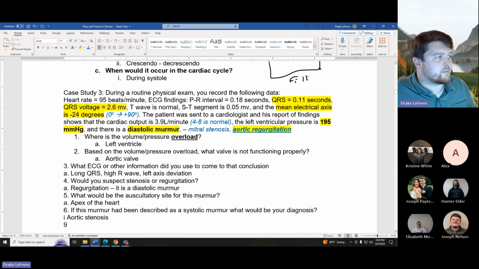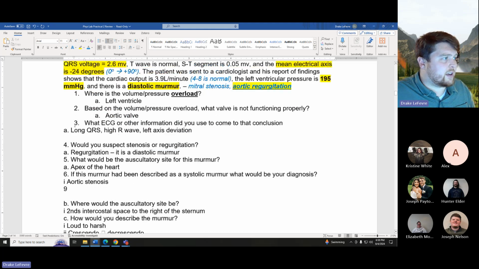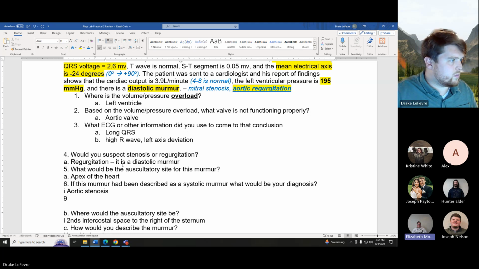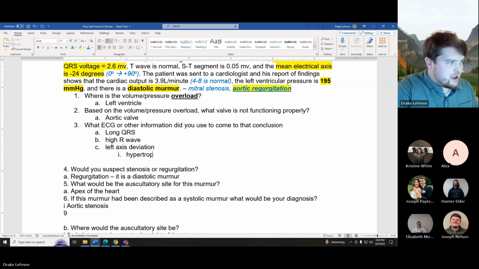Left deviation, whenever we have deviation, think back. Why do we get deviations in the mean electrical axis? What are the three things that cause a mean electrical axis deviation? Making you guys think a little bit. Hypertrophy, injury, and I don't remember the third one. Bundle branch block.